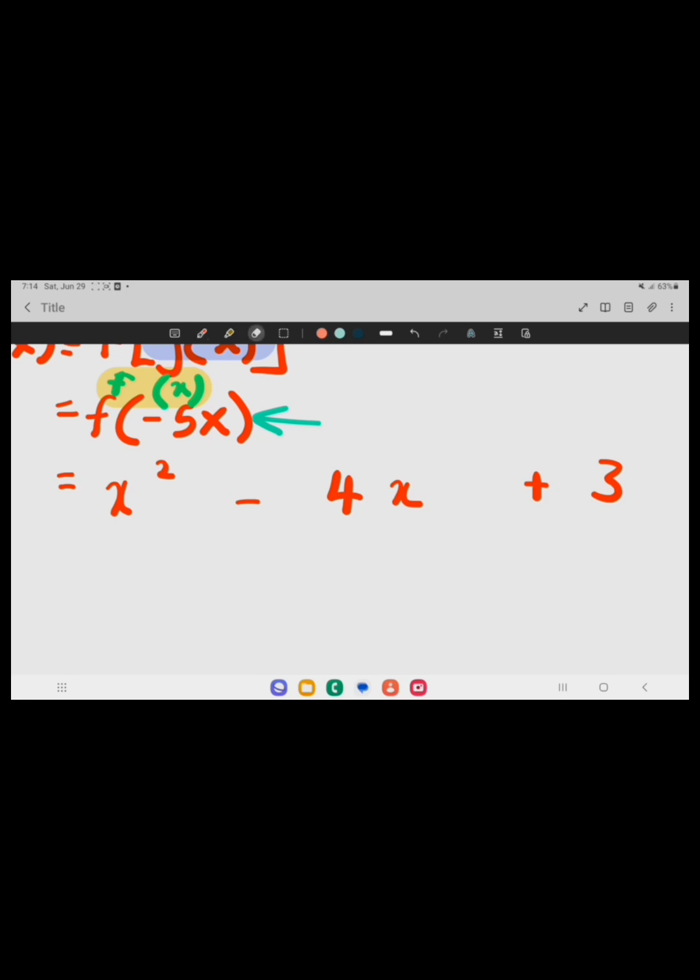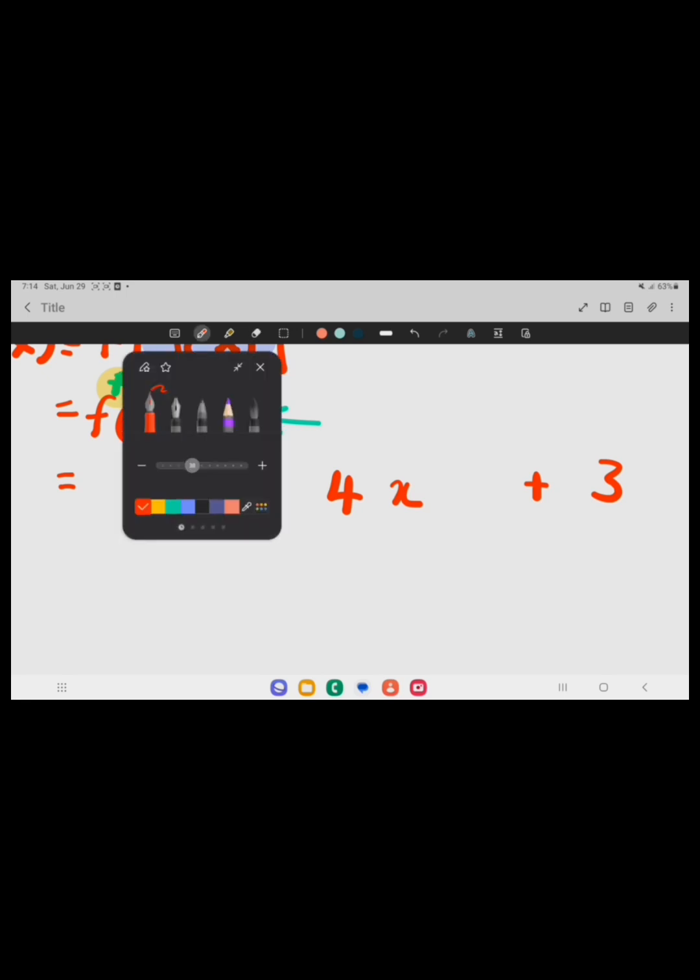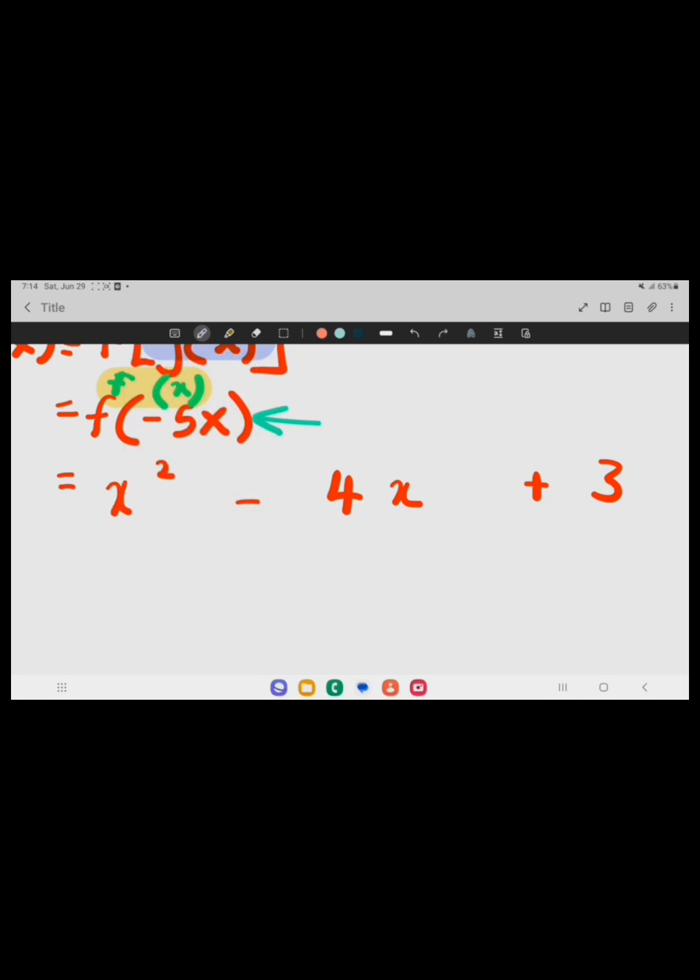So what you're going to do is, again, the same thing. Just erase the x and then replace it. Just now it was x here, right? Now erase the x and then write it as negative 5x. And here there's another x over here. So erase it and replace it with negative 5x, and then you just solve them.